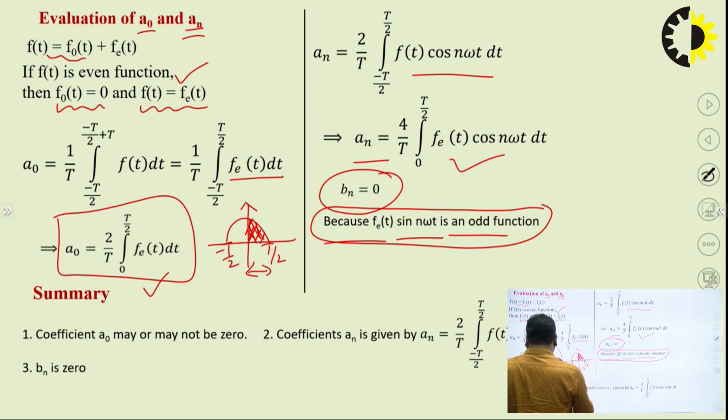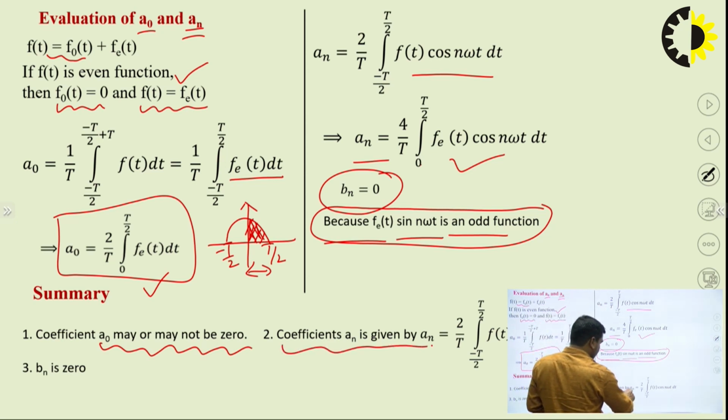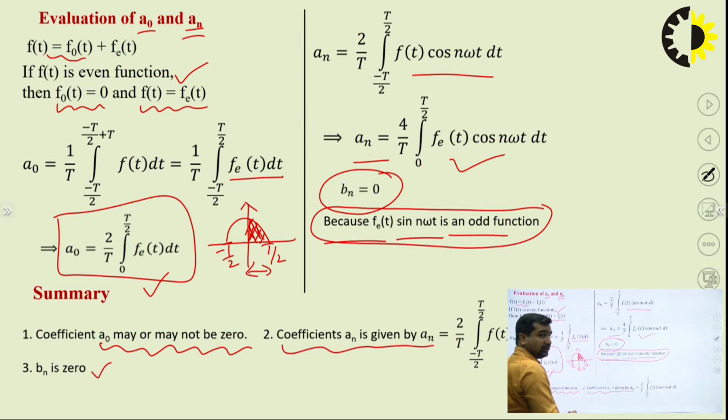So here the summary is, the coefficient a naught may or may not be 0, coefficient a_n is given by this one, and b_n is equal to 0.